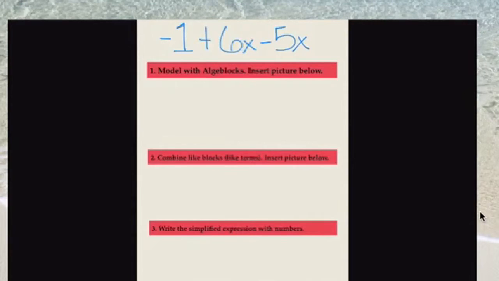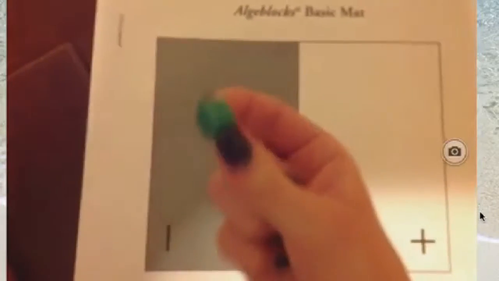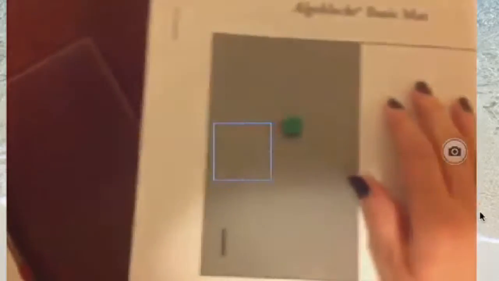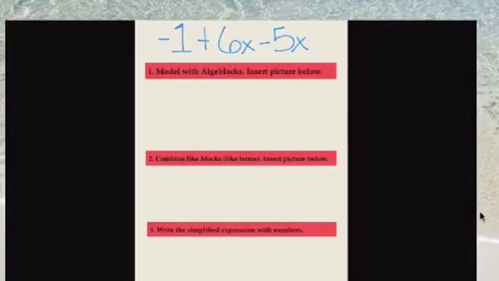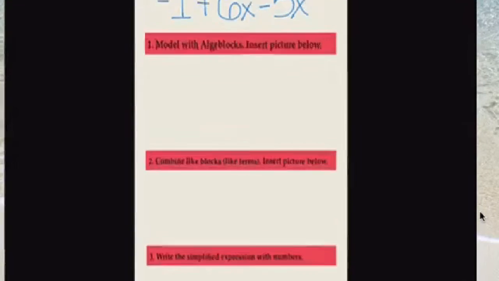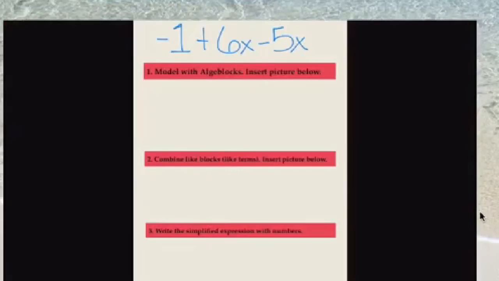So I've got -1. I'm going to model that with one green block on the negative side of the mat. Then I've got positive 6x. So I've got 1, 2, 3, 4, 5, 6 positive x's, and then I believe I'm subtracting 5x, right?